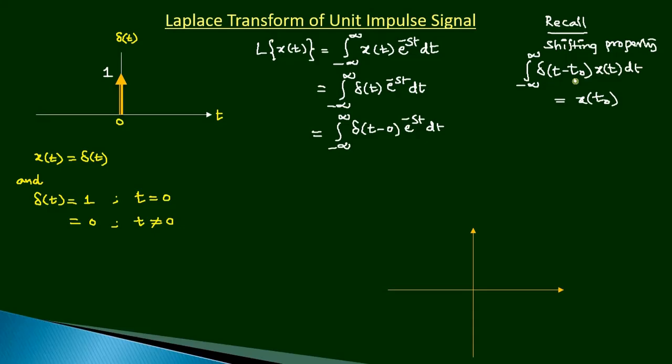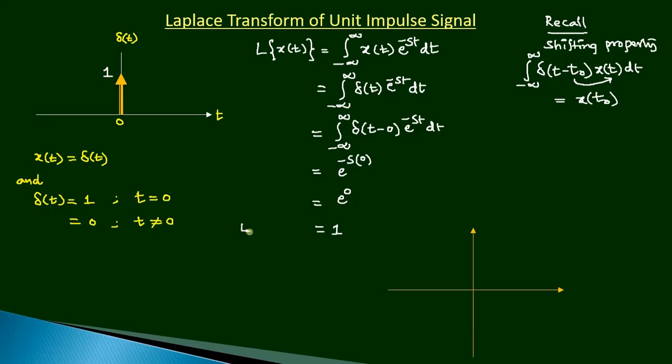Whatever the value shifted, it is written as a function of s, so that becomes x of t naught. In the place of t naught we have 0, so that is written as e power minus s times 0, which equals e power 0, and its value becomes 1.